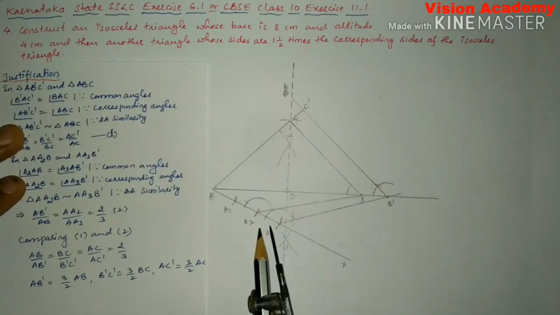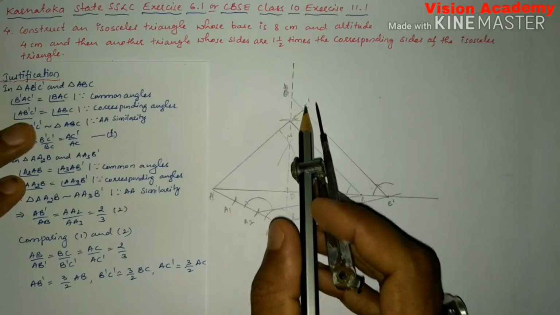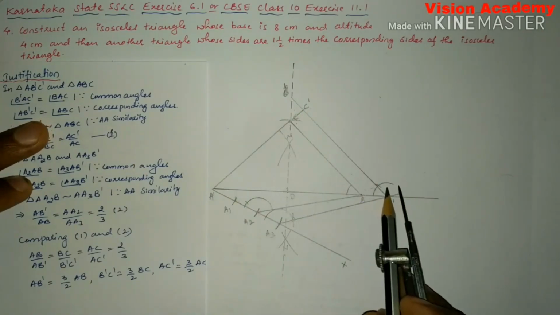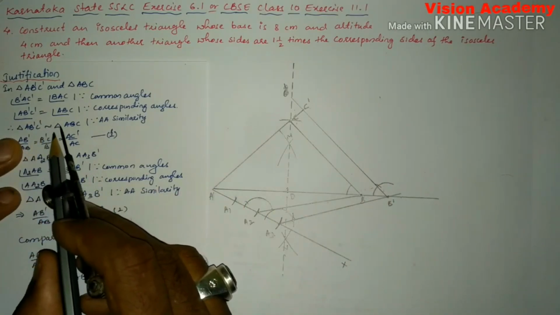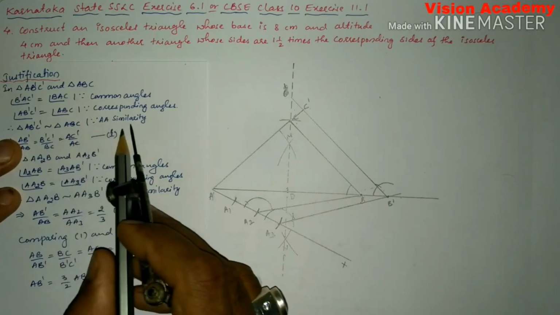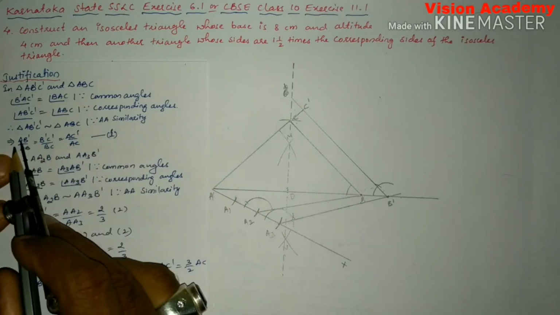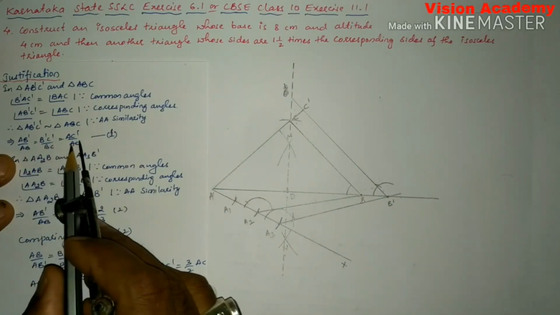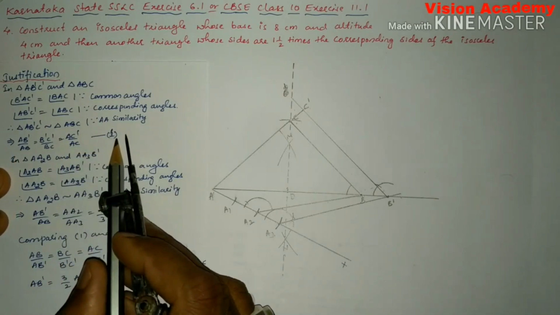Now we'll move on to the next angle, that is angle A B dash C dash is equal to angle ABC because both of these two are corresponding angles. So therefore triangle A B dash C dash is similar to triangle ABC because of angle similarity criterion. So this implies that AB dash by AB is equal to B dash C dash by BC is equal to AC dash by AC. Let us consider this one as equation number 1.